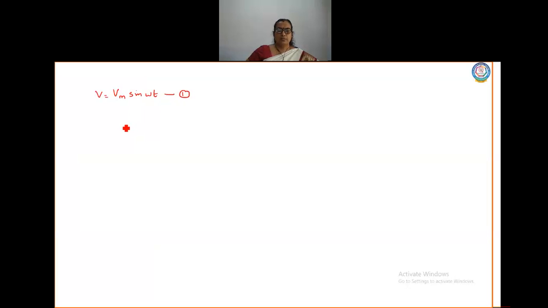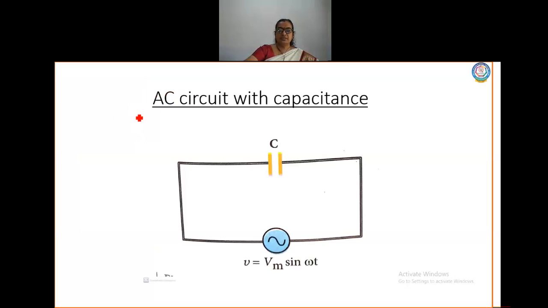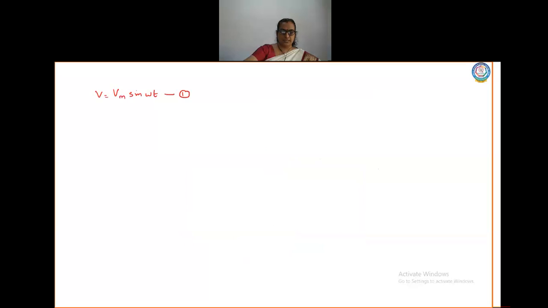Now we know that in the first chapter, electrostatics, we have learnt about capacitance. The capacitance formula is given as C is equal to Q by V. So here Q represents the instantaneous charge on the capacitor.